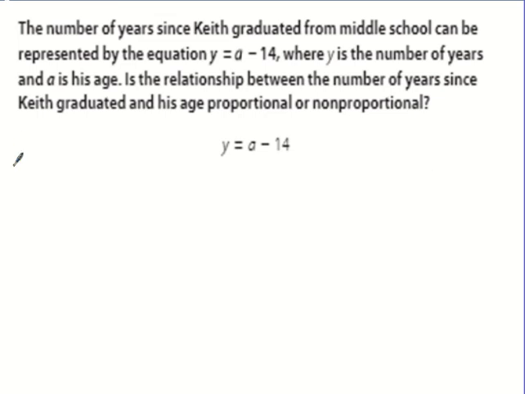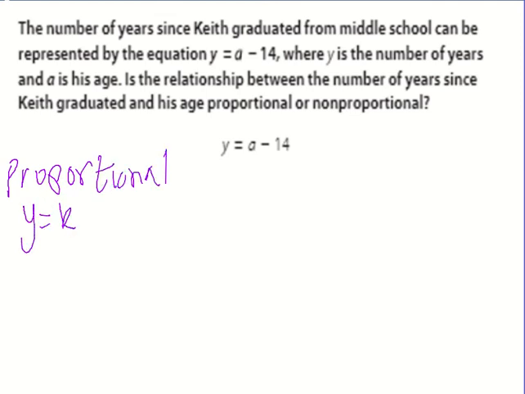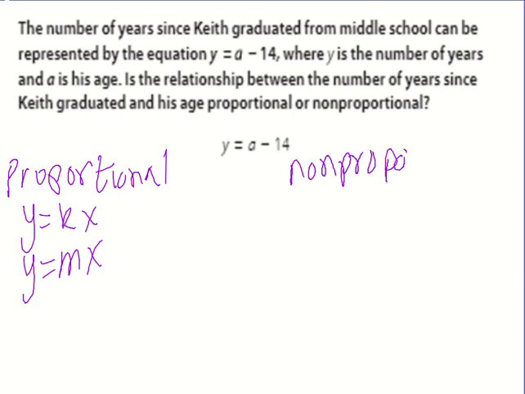So remember, proportional relationships will be in the form y equals kx, or what we also could call it now at this point is y equals mx. And non-proportional, it's a big long word to write, will be y equals mx plus b.